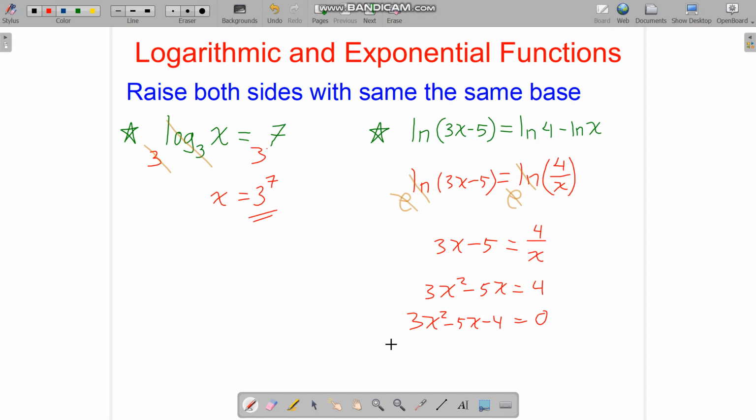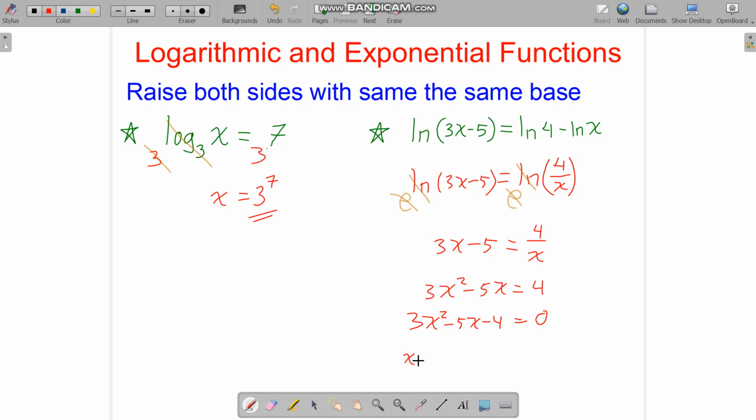Minus 12, minus 5, minus 6 plus 1, x minus 2, 3x plus 2, 3x squared minus 6x plus 2x minus 12 minus 5. Actually, it's not factorizable, so we have to use the quadratic formula then.